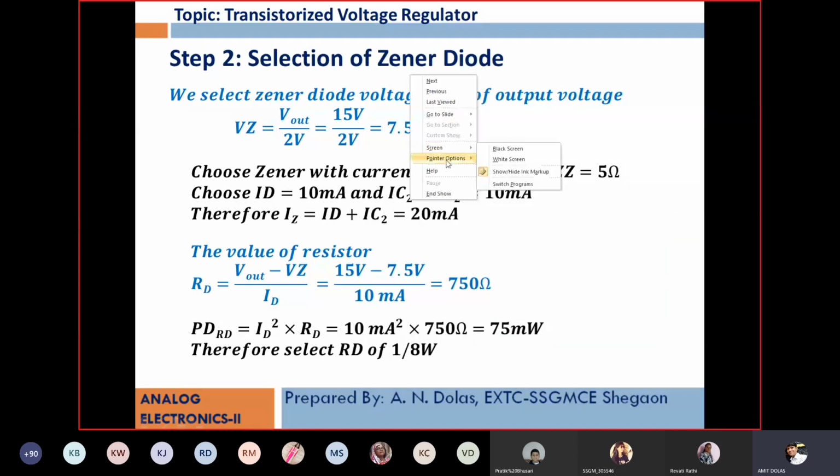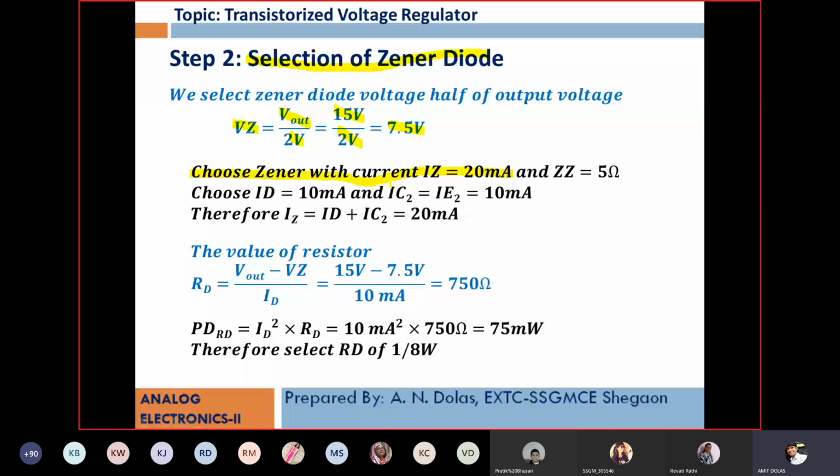So for selection of the Zener diode, the Zener voltage is half of the output voltage, that is 15 divided by 2, which is 7.5 volt. So choose the Zener diode with IZ of 20 milliampere. I keep it constant always for simplicity, else you may change IZ to 15 milliampere, say 30 milliampere, likewise.